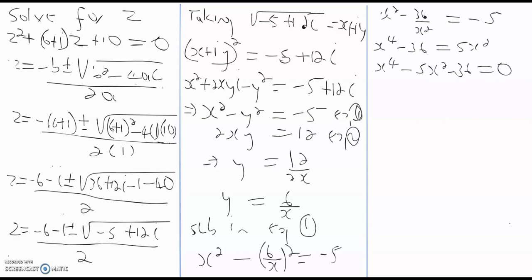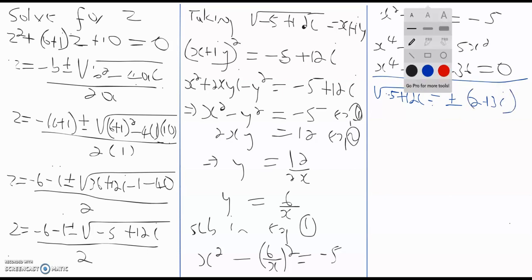And of course, you'd have known that this is the same equation from the previous video. So to save time, I'm simply just going to write the solution here so we can continue. So from the previous video, just recapping because we don't want to go through all this, to save the space, recall that the square root of negative 5 plus 12i was actually equal to plus or minus (2 plus 3i). I'll put that inside of a bracket there.